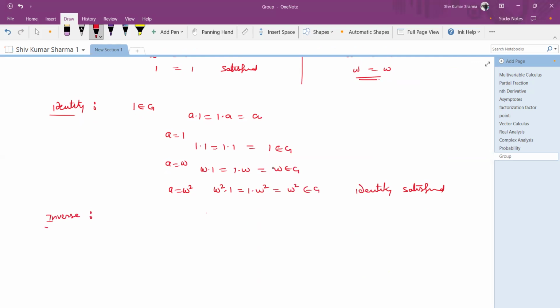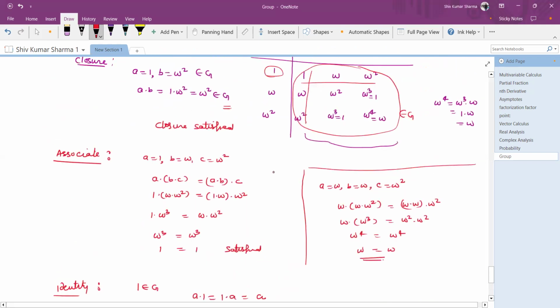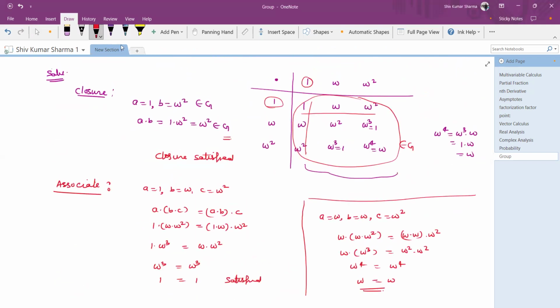Now we move to the next property, that is the inverse. For the inverse, we use the table. When we use the table, we see where we have the identity element 1 in the particular composition table. Here is the identity element 1, and here we also have identity element 1.